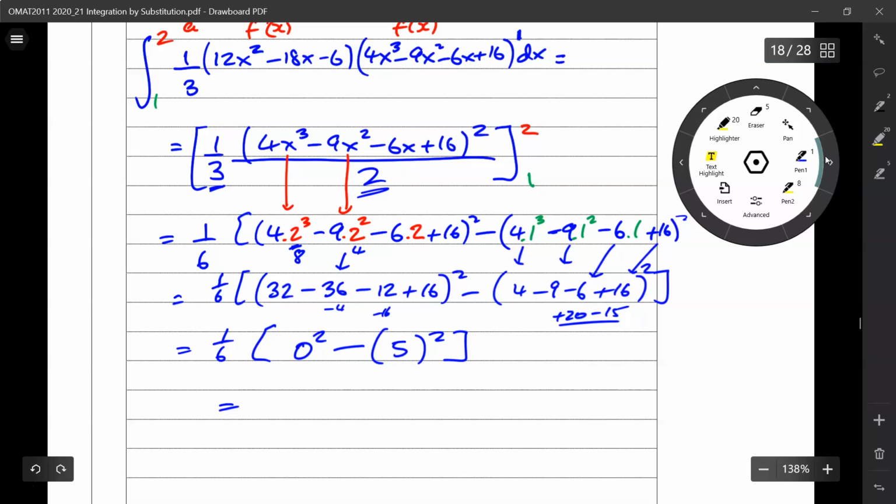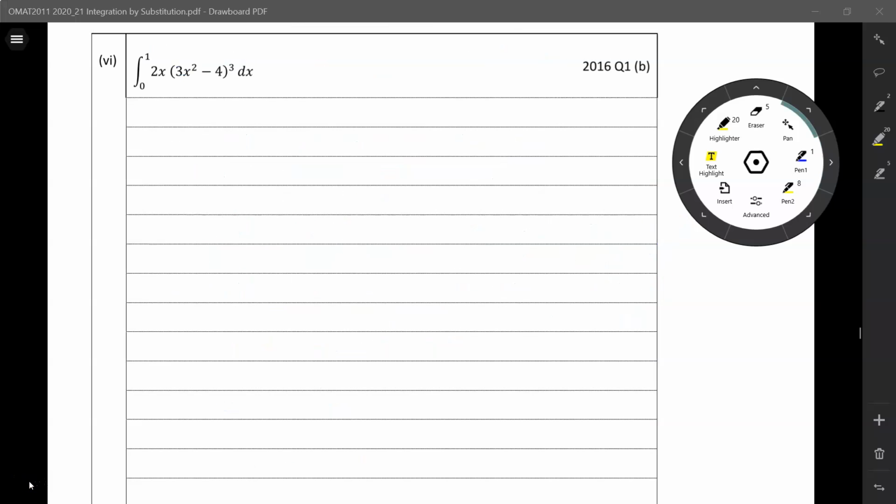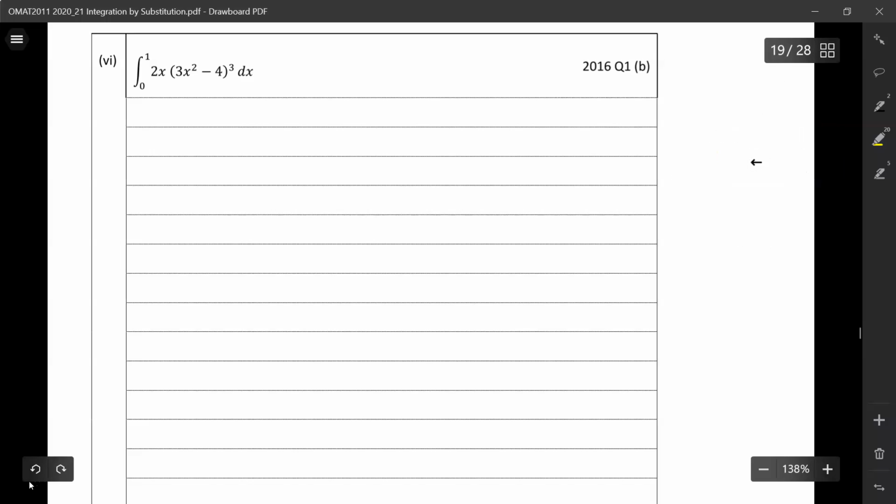So it looked very complicated, but in fact what we have here is the minus there. 5 squared is 25, and then we divide by the 6 over here. So that gives us minus 25 over 6, which is minus 4.25, which is the value of our definite integral in that case.